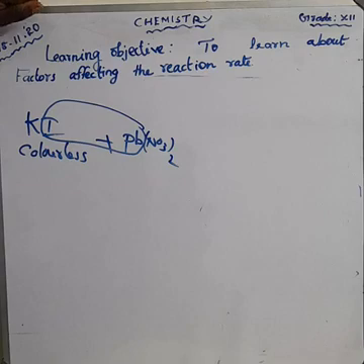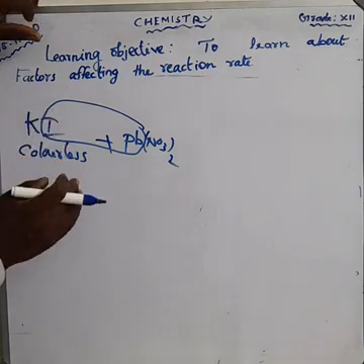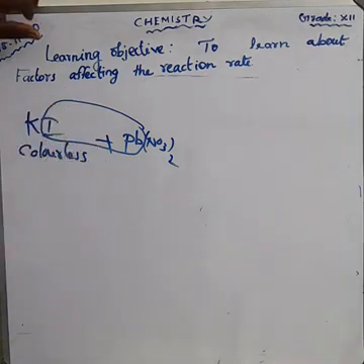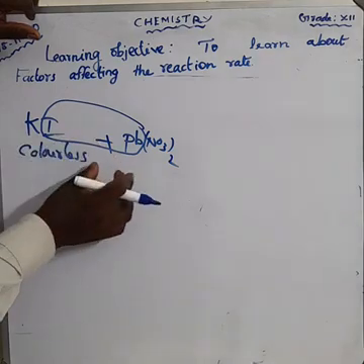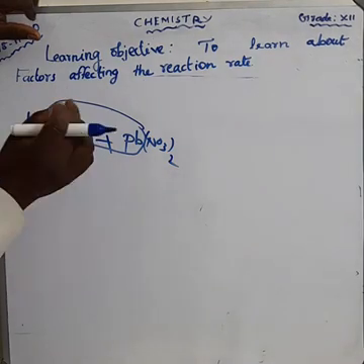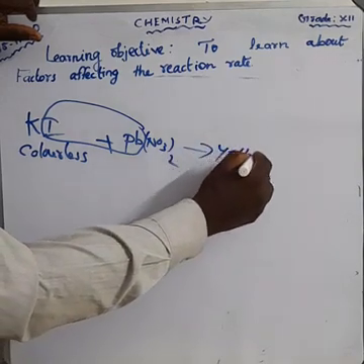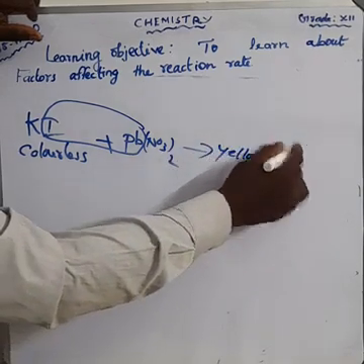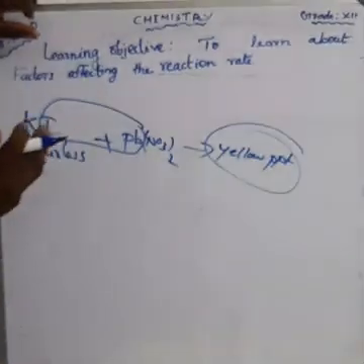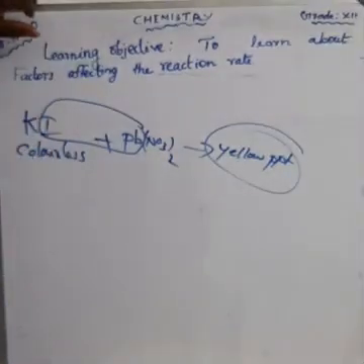Clear? What is the color that appears? We get a yellow precipitate of lead iodide, and it appears immediately.